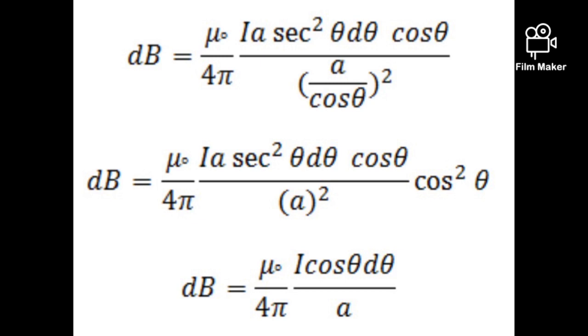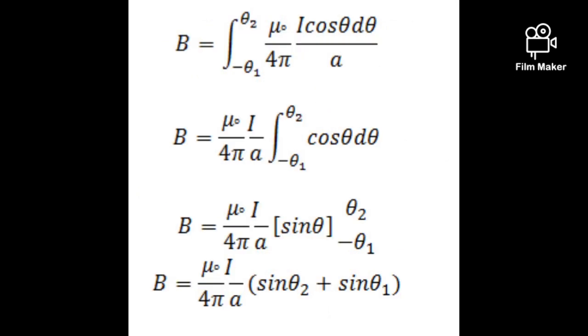We know that secant square theta is equal to 1 upon cos square theta, or secant theta is equal to 1 upon cos theta. This is a reciprocal, a simple mathematical identity that you discussed in class 11 also in math. After this, we have to integrate to calculate the total magnetic field at point P, that is, at the observation point.